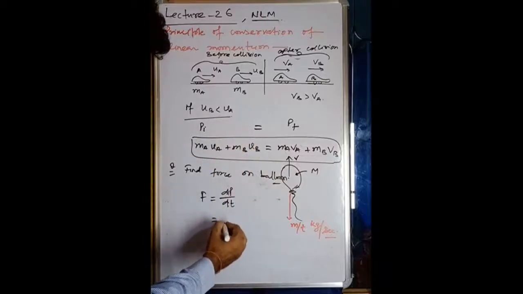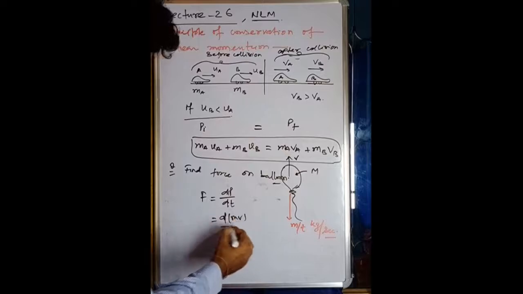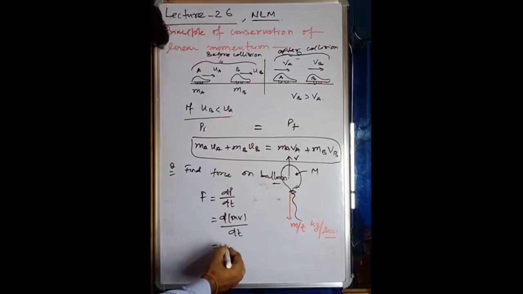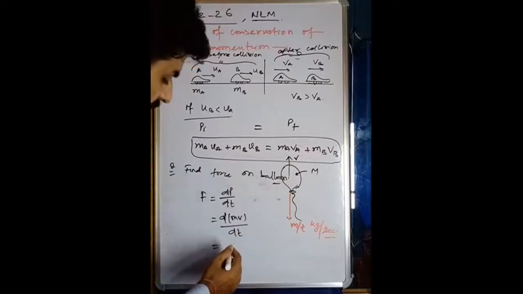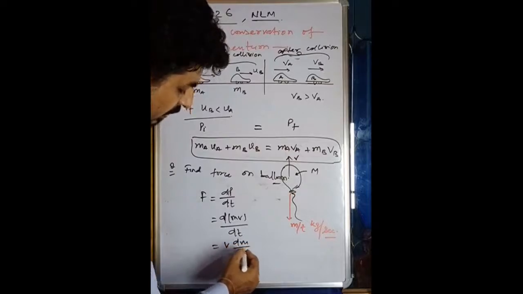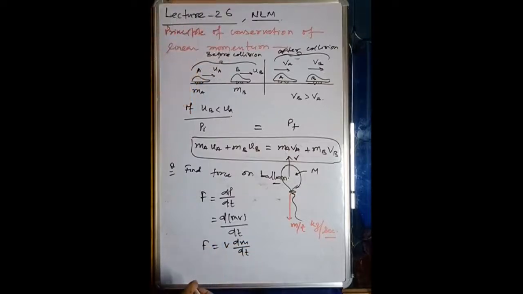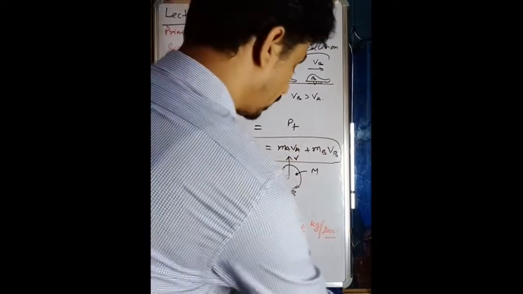Here we can write dp by dt as mv over dt, but m is not constant. Remember, the mass of the balloon is changing. If m is leaking out, and v is constant, then F equals v times dm by dt. So if you have the value of dm by dt, the rate at which mass is leaking out per second, and the constant velocity with which it is moving, you can find the force. This is one type of question.